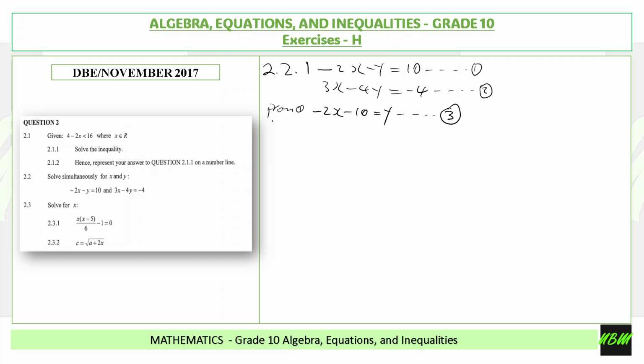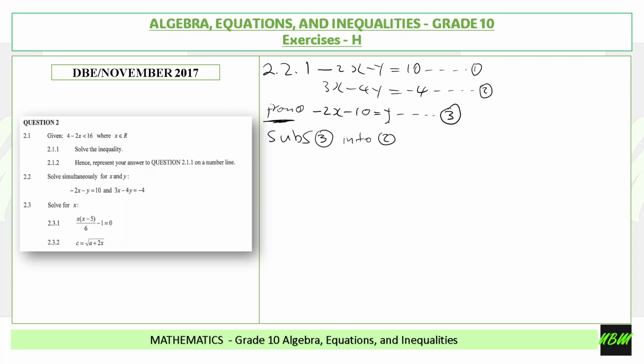But it's very important to remember that this equation 3 is coming from equation 1. So that now when you move on, where you substitute, you substitute equation 3 into which equation? Equation number 2. Not the equation where y comes from.